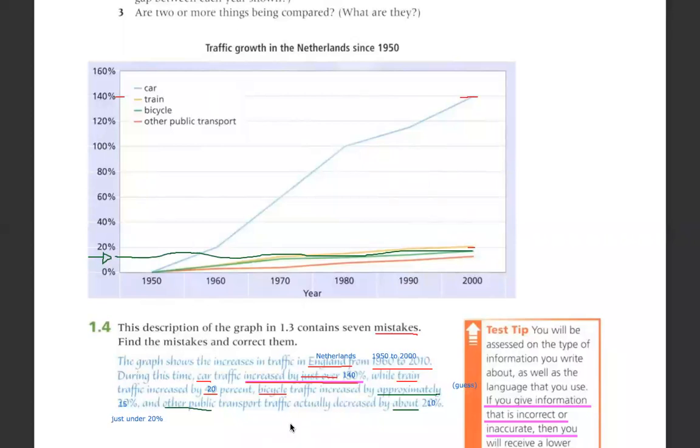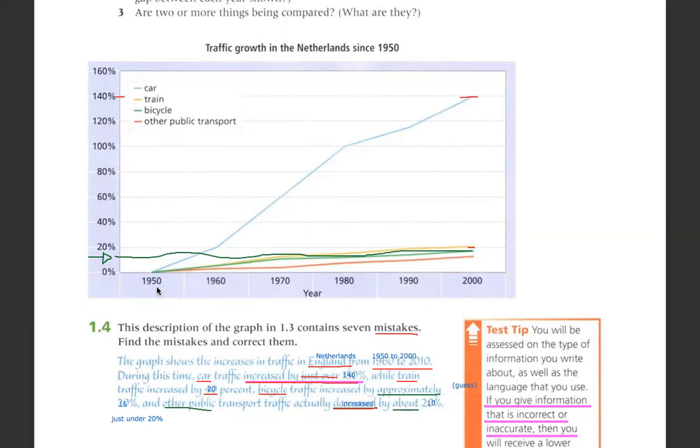If you haven't, I want you to have a look at this word. So if you haven't corrected it already, what's the mistake with this word over here? Okay, so this should be increased, which a lot of you said, well done.